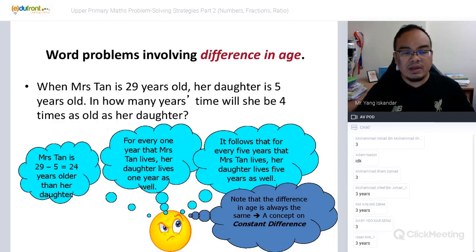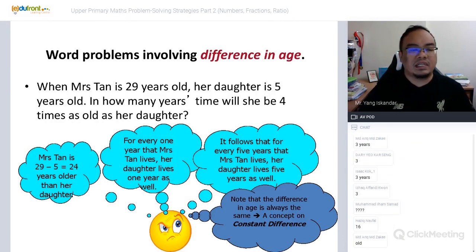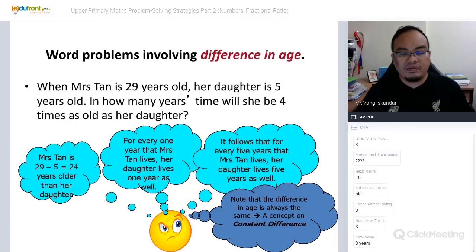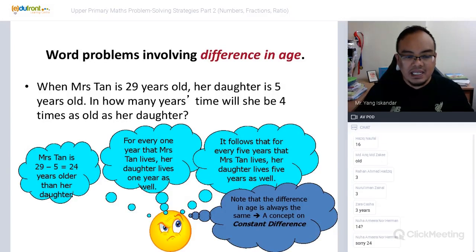But before we attempt the question, we need to analyze the question first. You can see that Mrs. Tan is 24 years older than her daughter. How do we know that? 29 minus 5. And you notice that the difference between the ages will always be the same. Why? Because for every 1 year that Mrs. Tan lives, her daughter will also live an additional 1 year.